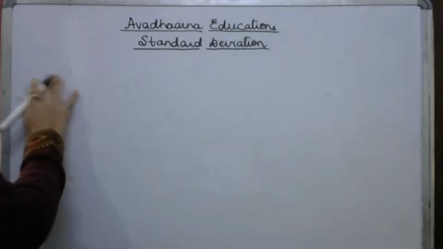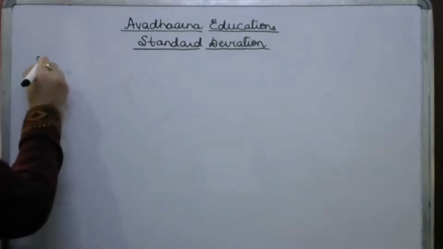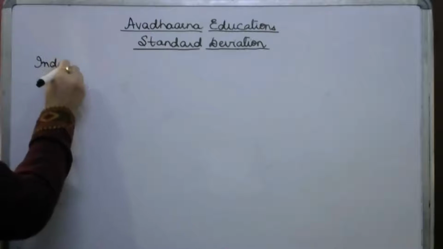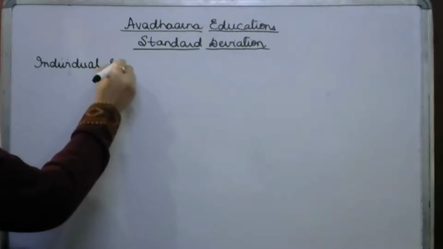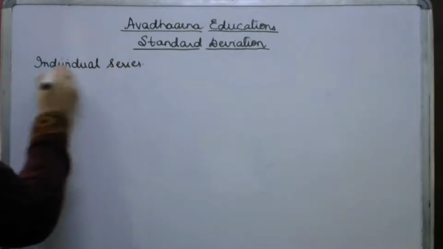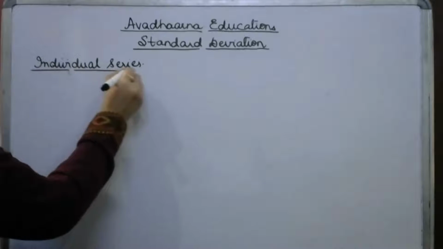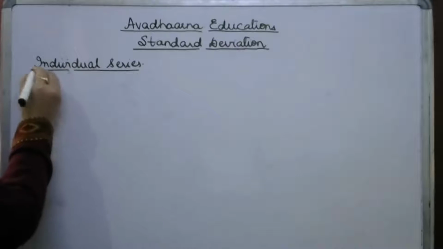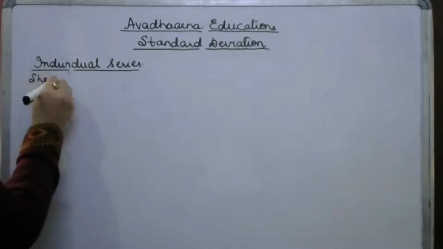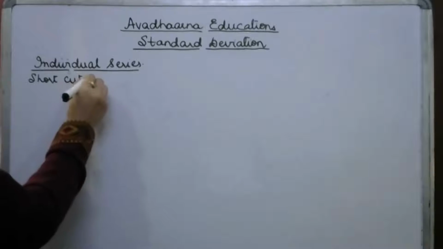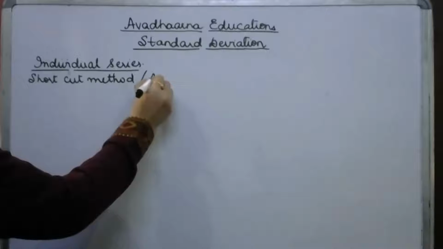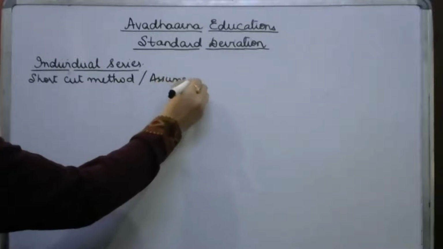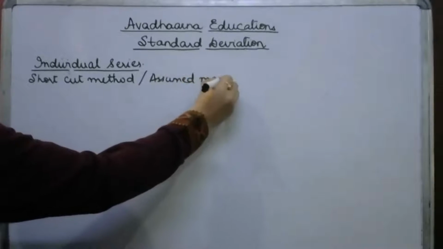So, to begin with, let's first understand and write the algorithm for calculating standard deviation in case of individual series by our shortcut method, which is also known as assumed mean method.